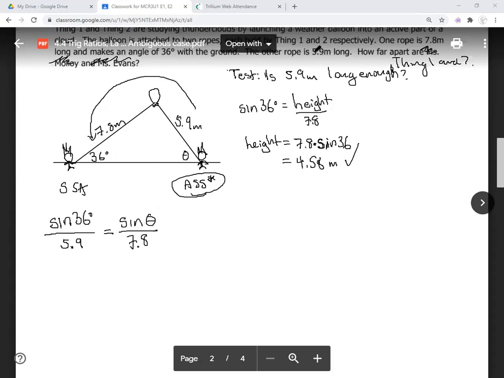Let me use color to help distinguish. 36 degrees with 5.9. This matches up with, what color shows up? I think green does show up. Angle of theta with 7.8. Does that show up differently? Yes.